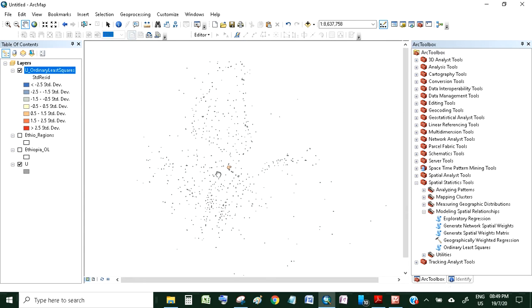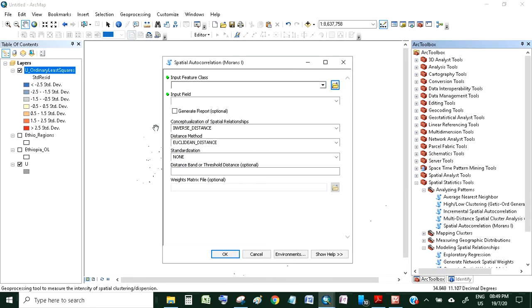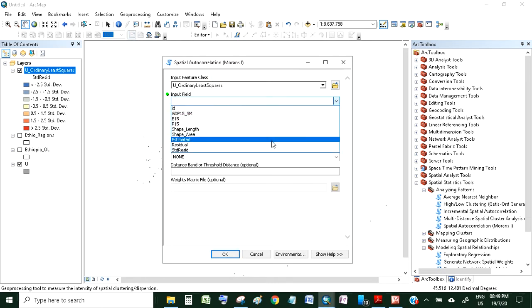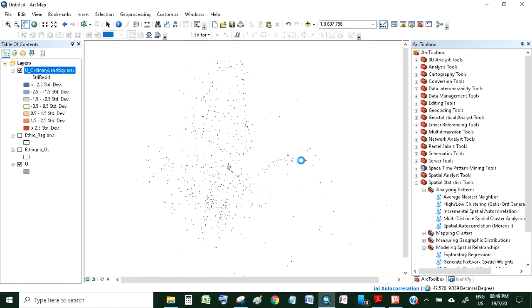This is the way you can check: by analyzing patterns and spatial autocorrelation. When you want to see the spatial autocorrelation with the help of the standard residual, you generate the report. This is optional; I just want to see what the pattern is here. Do it, okay.